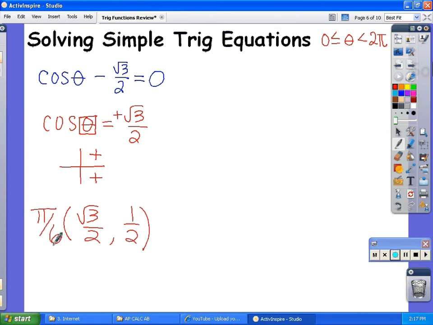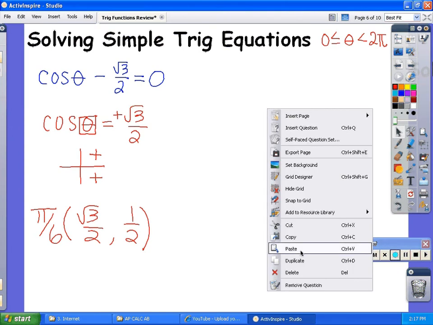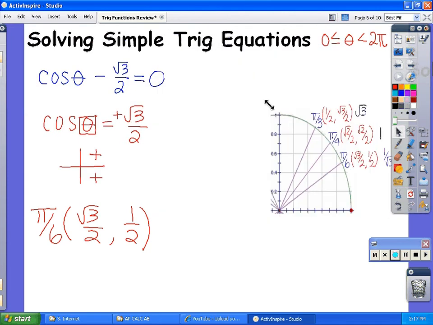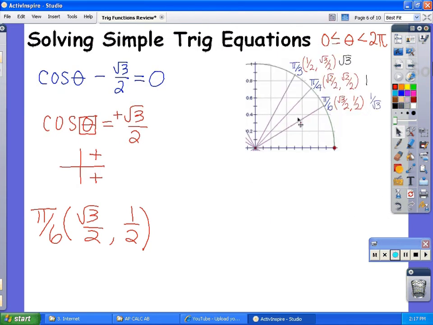In case you're having trouble, I'm going to paste that little unit circle off to the side one more time so you can use it for reference. So it is definitely pi over 6. To complete this problem, you would need to figure out which pi over 6 is in the first quadrant, and that's easy.